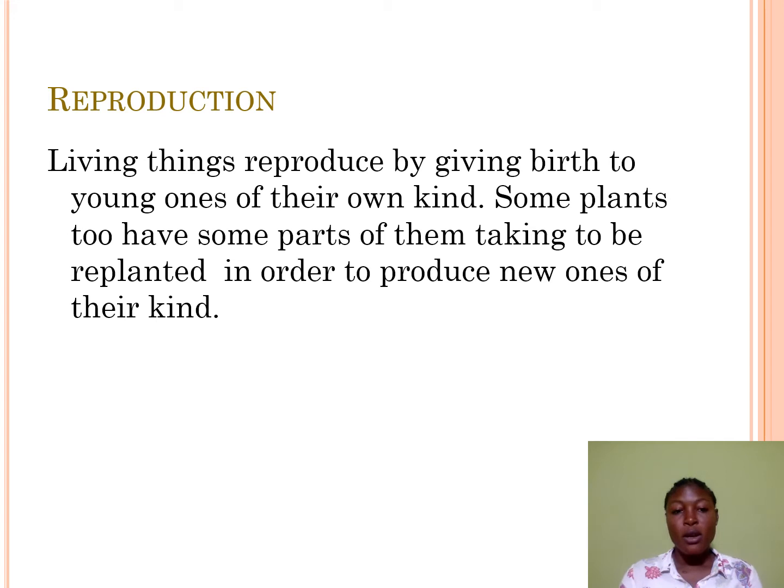Reproduction. We are looking at them one after the other. Living things reproduce by giving birth to young ones of their own kind. For example, you are a human being, your mother is a human being, and when she gave birth to a human being, that is you.